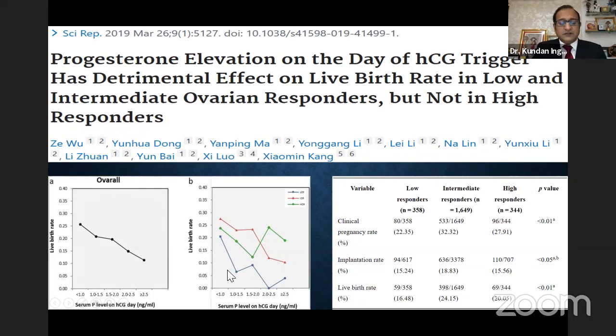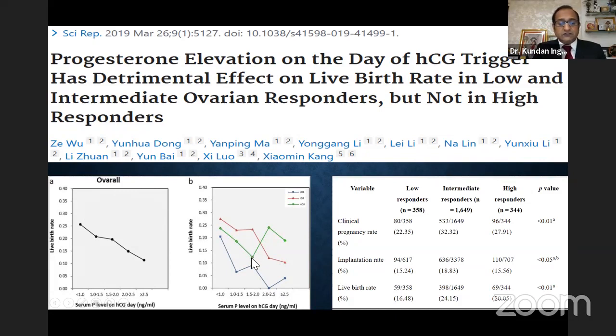But this was not true with the poor responders. In poor responders, when serum progesterone on the day of SCG was more than 1 nanogram per ml, there was a significant decrease in the live birth rate. What about hyper responders, the green line? Hyper responders did not show the kind of response seen in normal responders.